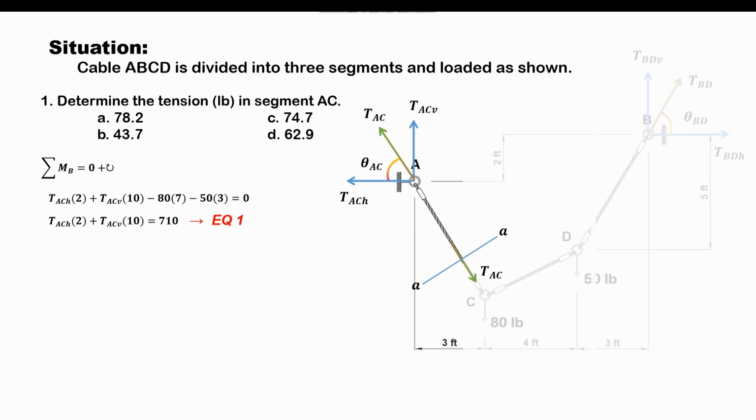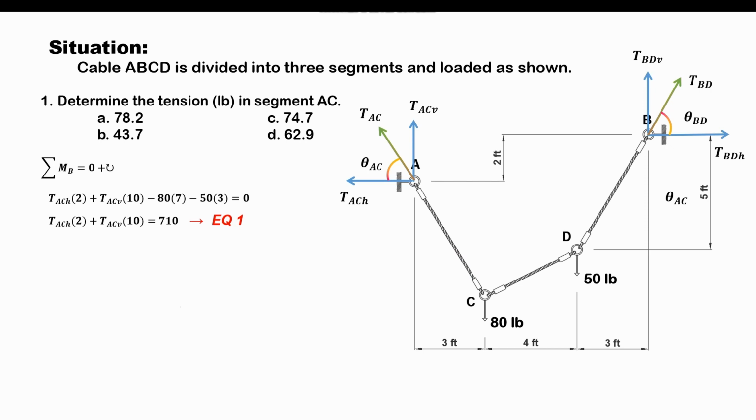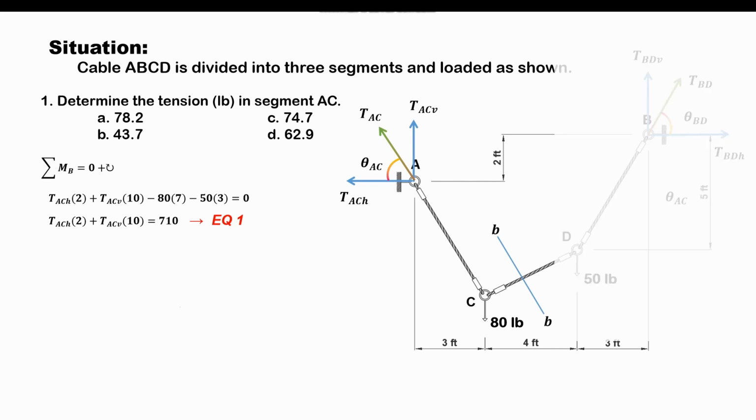So let's proceed considering the other possible location where we can pass a cutting plane. The other location here is to pass a cutting plane on CD, and let's denote that cutting plane as BB, and let's consider the segment which includes joint A. Since we pass a cutting plane on segment CD, it will expose the tension of the segment cut, which is denoted as TCD.